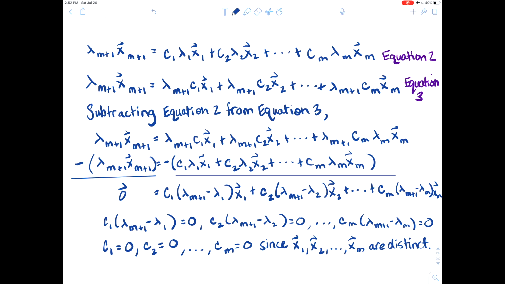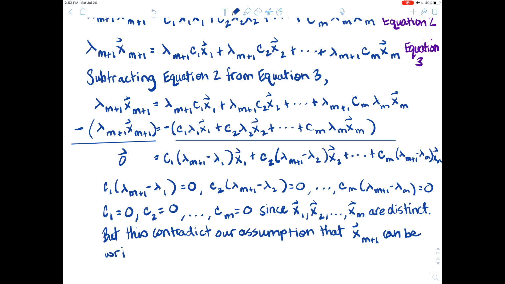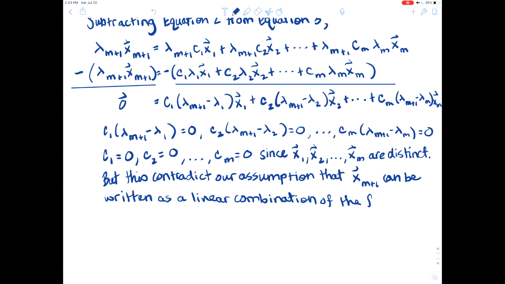Well, but if that's true, wouldn't it contradict our assumption that x sub m plus 1 can be written as a linear combination of the first m eigenvectors?